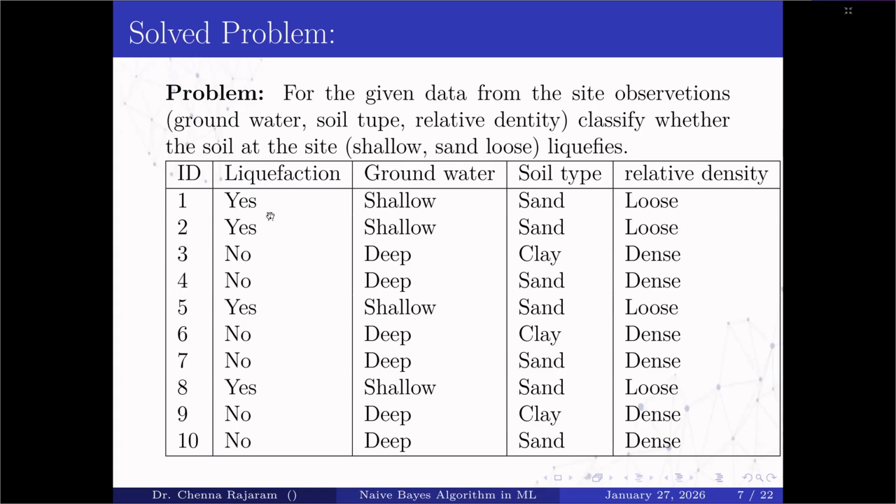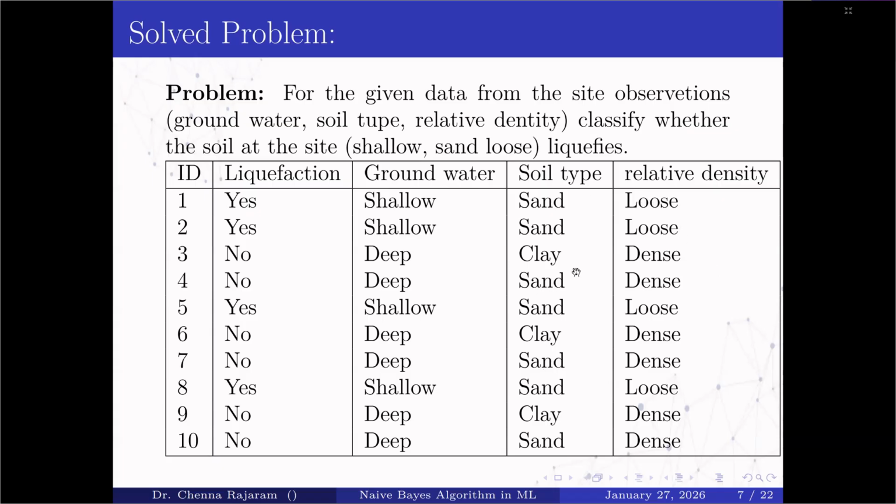For that, a tabular column is given with the ID 1 to 10, and the status of the liquefaction either yes or no, and the groundwater is given as shallow and deep, soil type sand and clay soils, and relative density loose and dense.